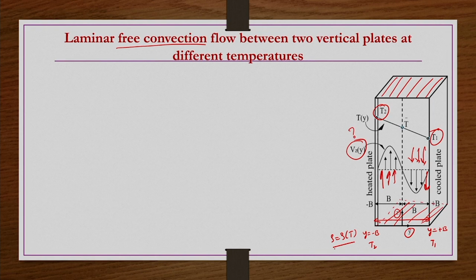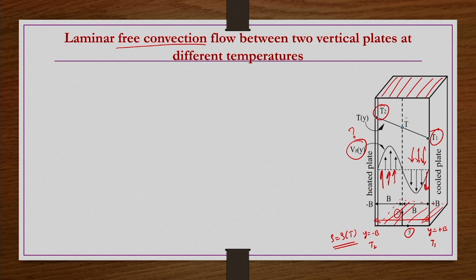But in this case, in addition, we should also consider how rho is changing with respect to temperature, and that change in rho should be brought into the equation of motion in the right hand side term, where the rho g term is there.